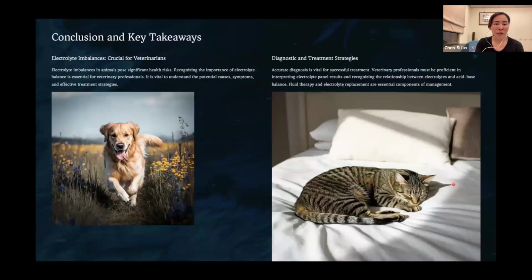So today I wanted to share the significance of electrolyte imbalance, the reasons why it occurs, and how to diagnose and treat it.